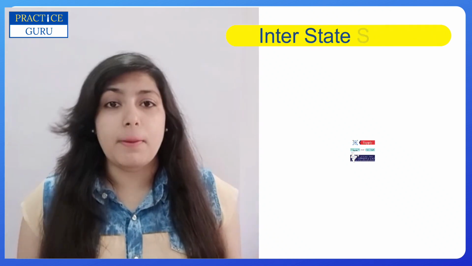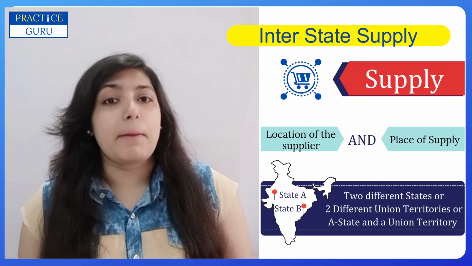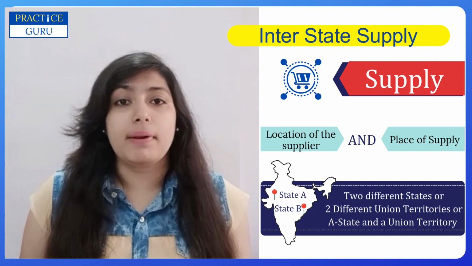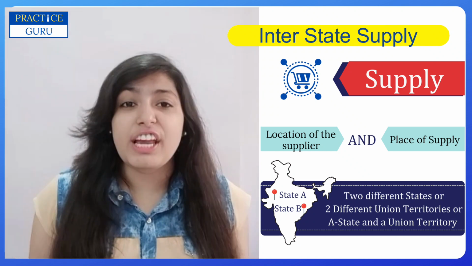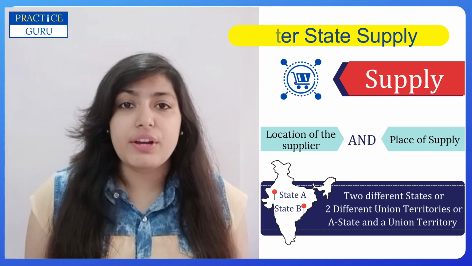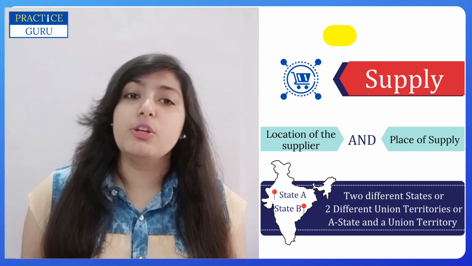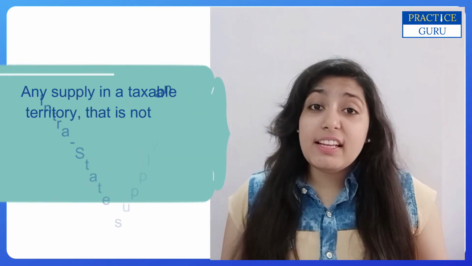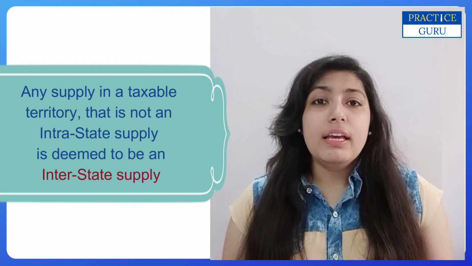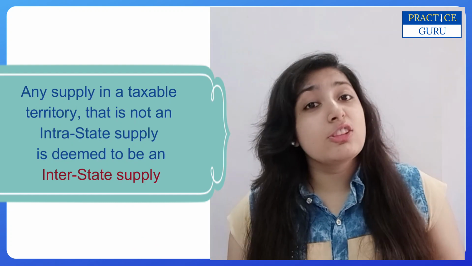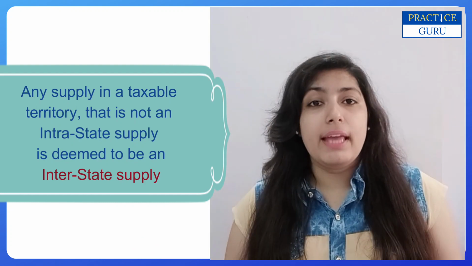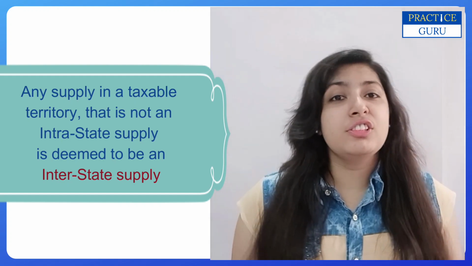Next is interstate supply. It refers to a supply where the location of the supplier and the place of supply are in two different states, or two different union territories, or a state and a union territory. Additionally, any supply in a taxable territory that is not an intrastate supply is deemed to be an interstate supply.